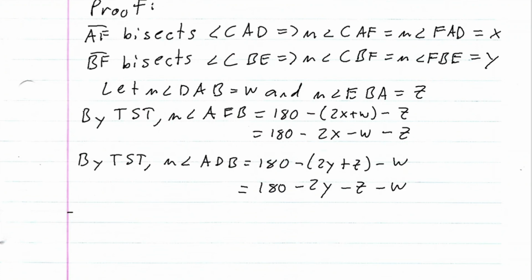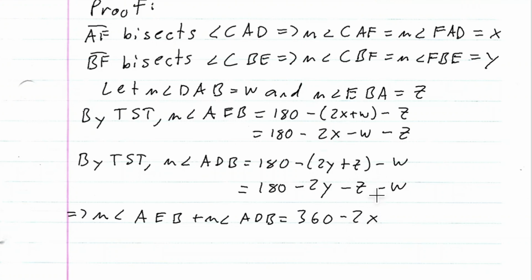So this implies that the measure of angle AEB plus the measure of angle ADB is equal to 180 plus 180, which is 360, minus 2x.